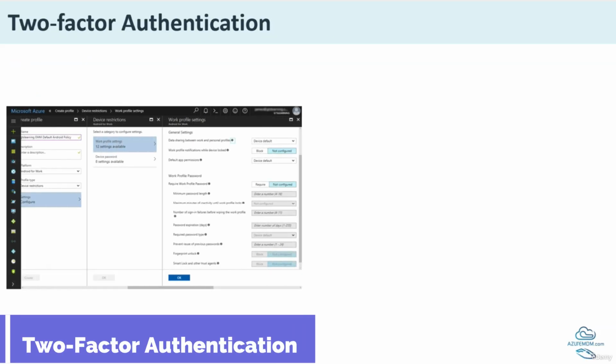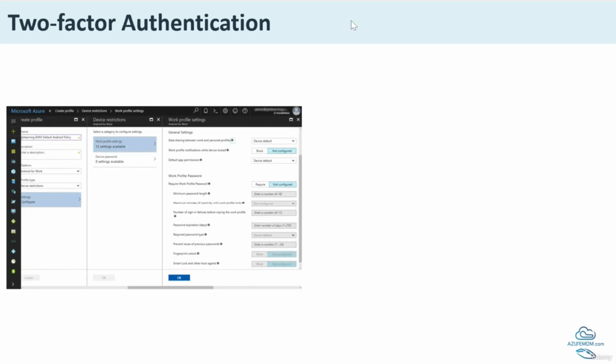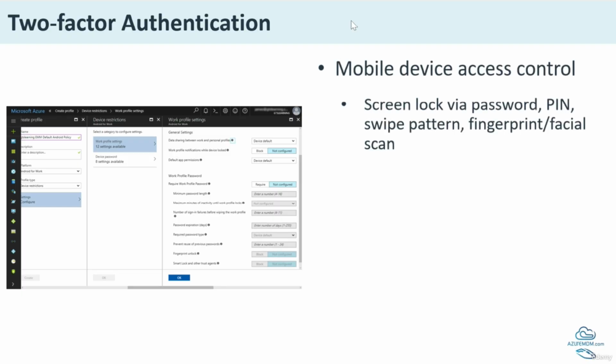Two-factor authentication. What is two-factor authentication, which we also call 2FA? It is a security process that requires users to provide two different forms of verification before accessing an application or a system. This strengthens the security compared to single factor authentication, which typically relies on a username and password only.